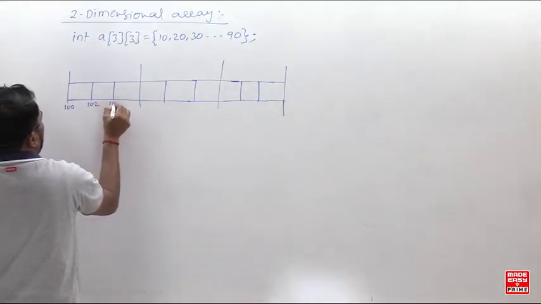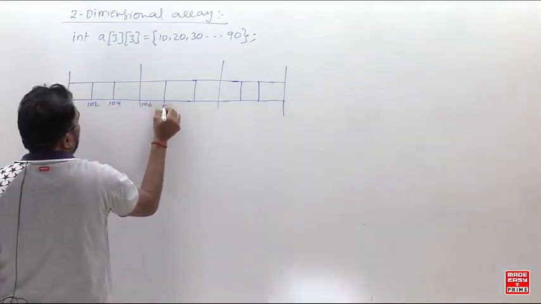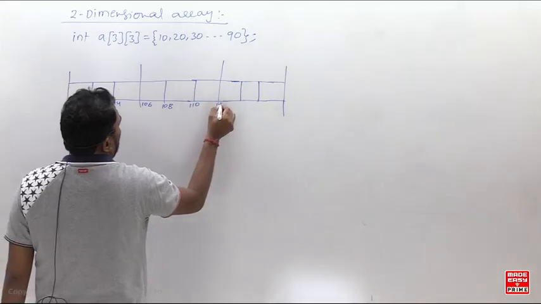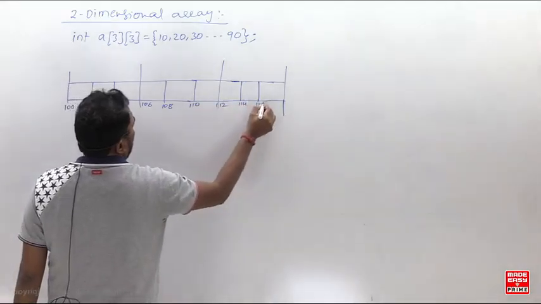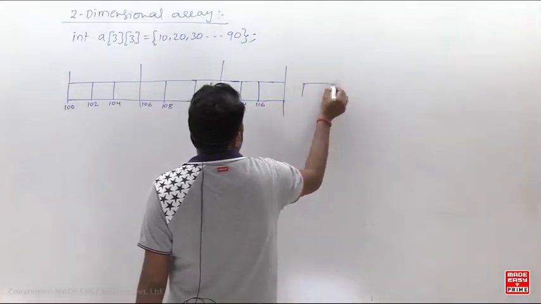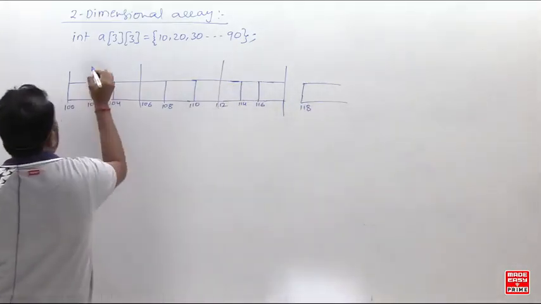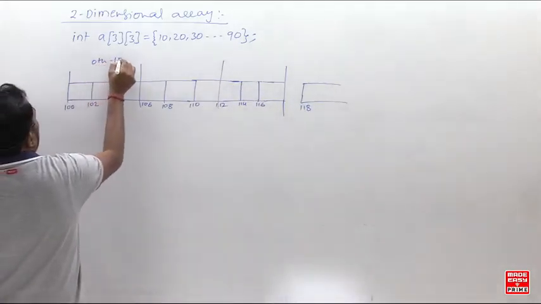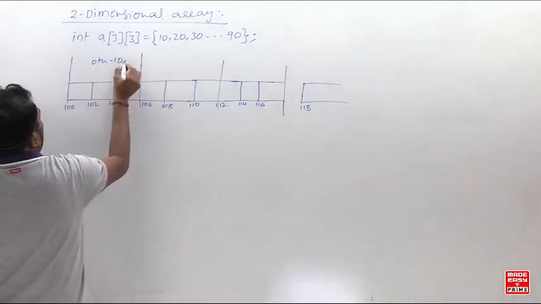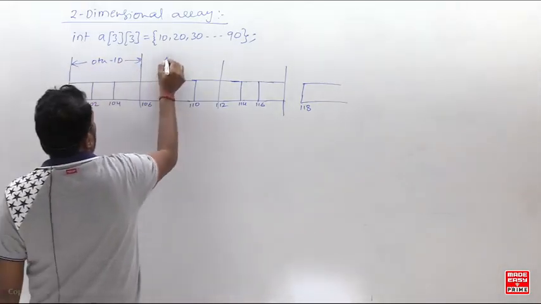So 100, 102, 104, 106, 108, 110, 112, 114, 116. The next one will be, let's say, 118. This is the 0th 1D array.